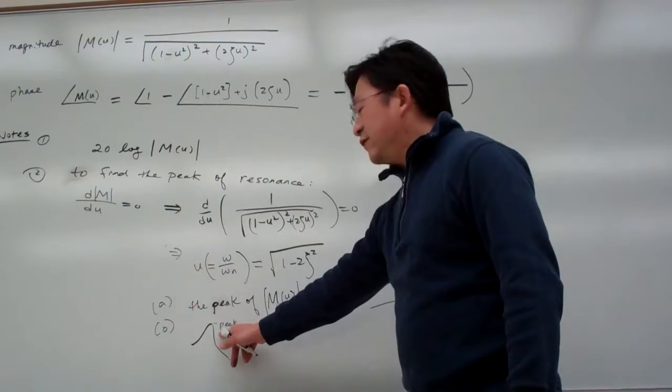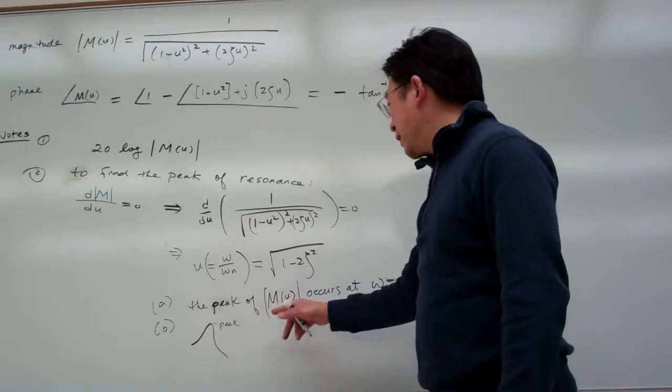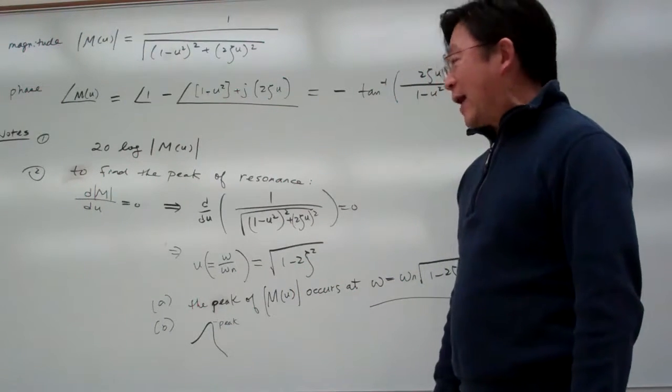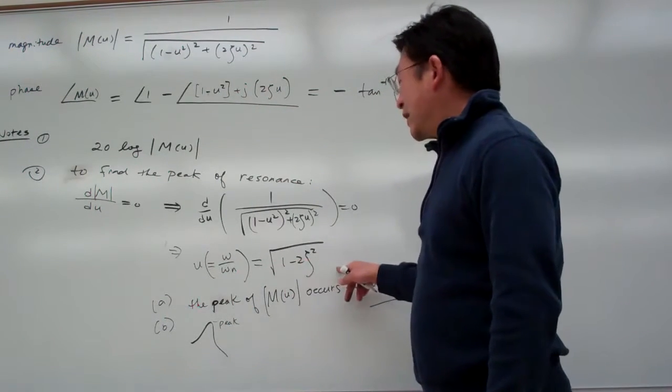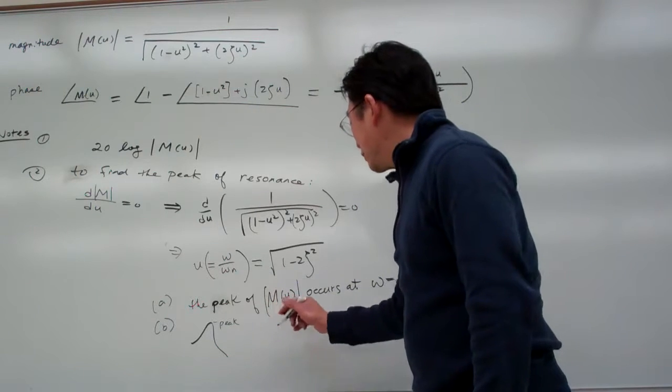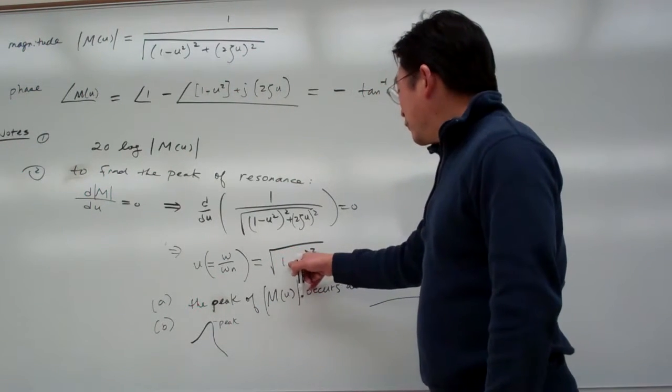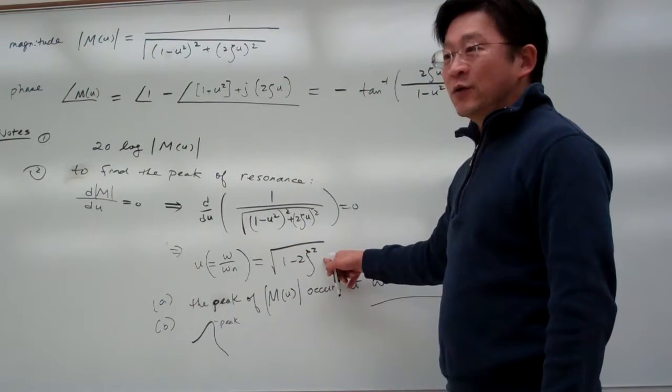And the peak phenomenon will occur when what happens? When this equation is satisfied. The peak will occur when the square root of this is legitimate.